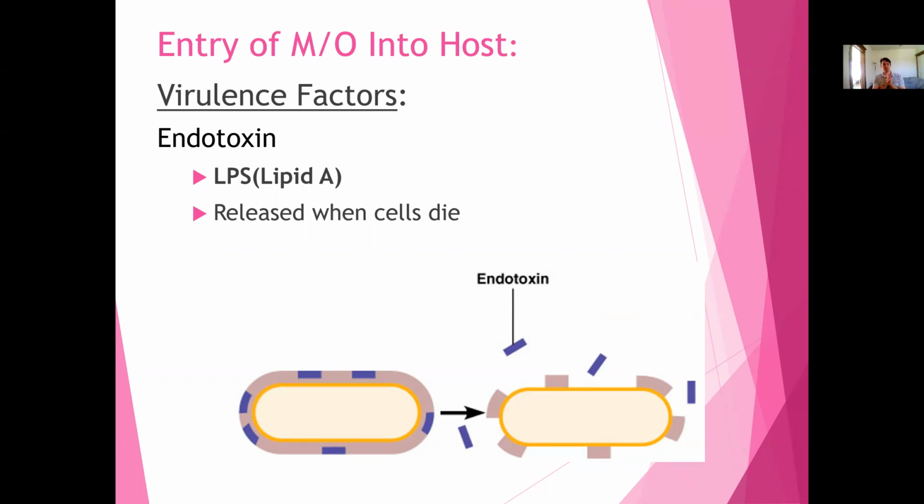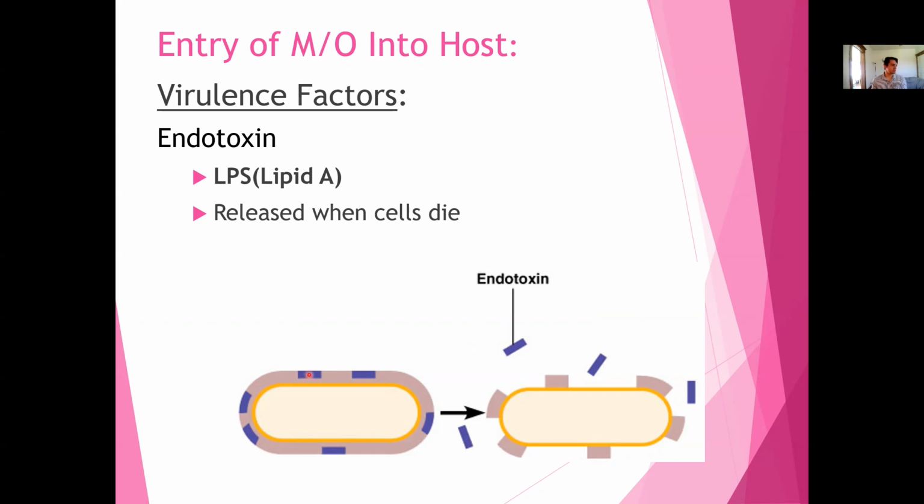The lipid portion of the LPS, called lipid A, is actually the endotoxin. So endotoxins are lipopolysaccharides, whereas exotoxins, which we just looked at, are proteins. Big difference there. Endotoxins are essentially liberated when the bacteria die and the cell breaks apart.